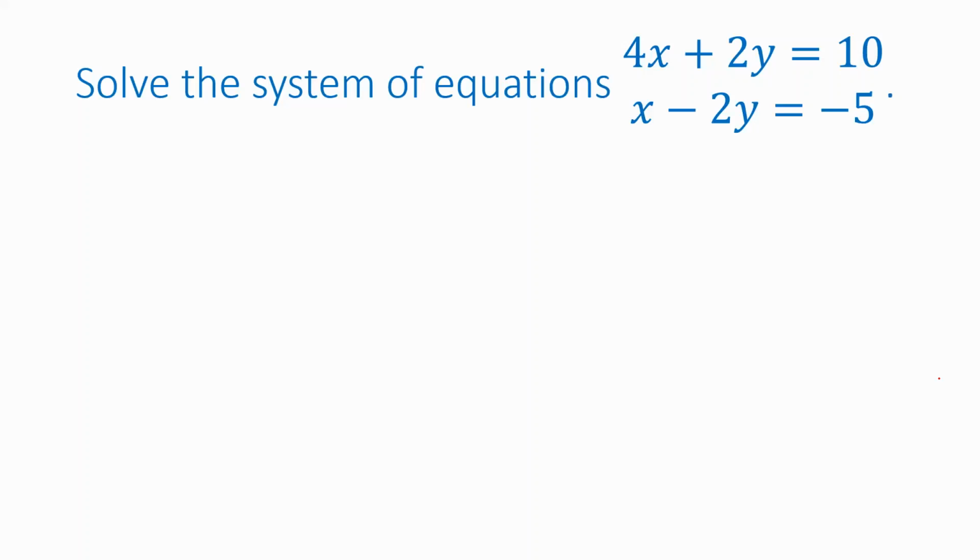In this system, instead of adding the equations together to cancel the y, I'm going to first multiply the second equation by a number that will let me cancel the x's instead. So in order to cancel the x's, I need the coefficients to be the same. So let's multiply the second equation by 4.